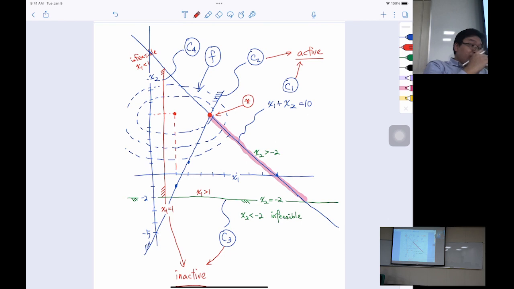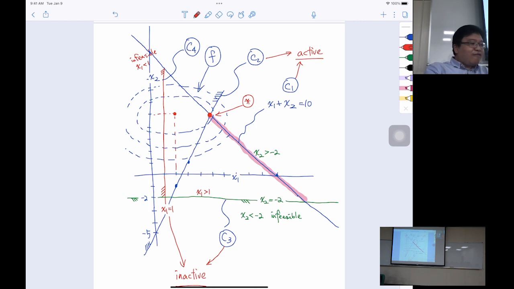Okay? And there are even methodologies to figure out whether a constraint is active or not in order to reduce the number. What if the constant of C3 is above?